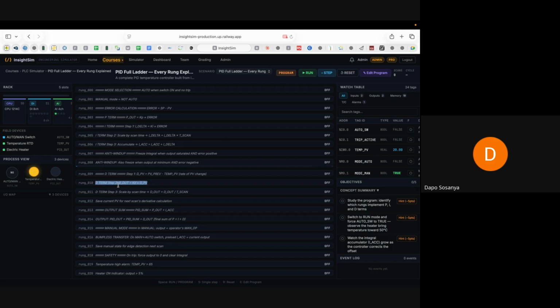Then this is for the D term, the output sum. Then what we call the bumpless transfer. Then safety. So let's see how we'll be able to move.